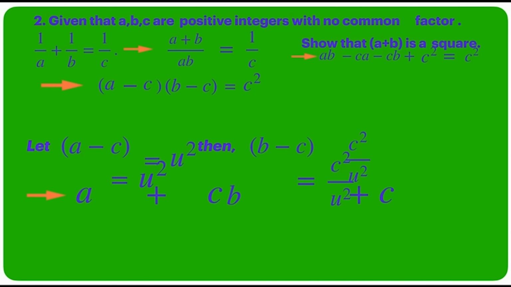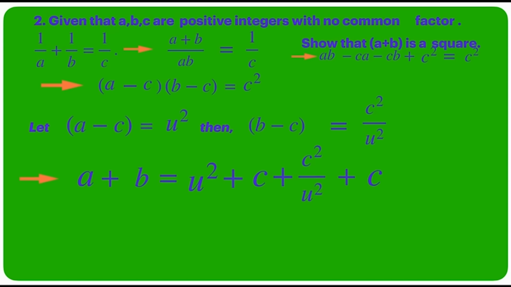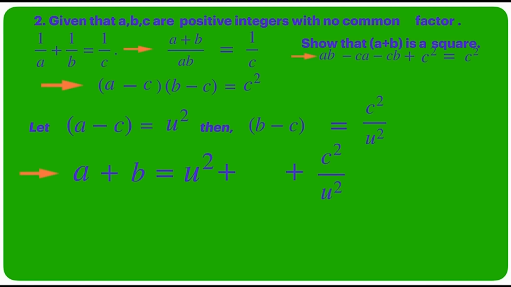and then just add a and b, and we get the value of a plus b, that is a plus b equal to u square plus c from a, and from b, c square by u square plus c. So a plus b equal to u square plus c square by u square plus c, and plus c we can add, this 2c, so we can write u square plus 2c plus c square by u square.